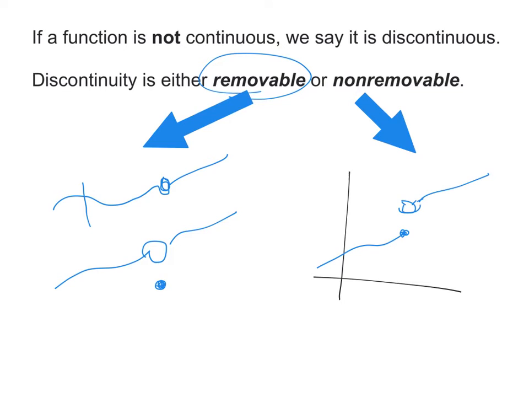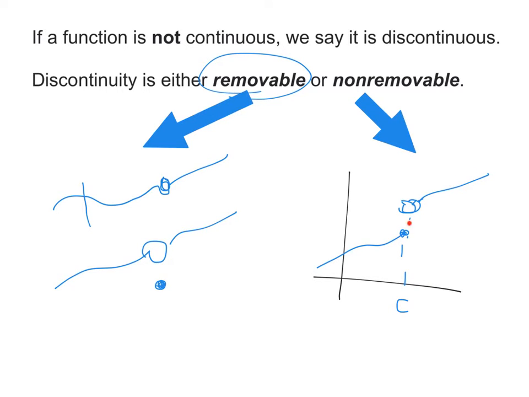Well, this is considered a non-removable discontinuity. We do know it's discontinuous at this point C, but we don't know exactly what to expect, because on one side here we would expect the limit to be right here, and on the other side right here.